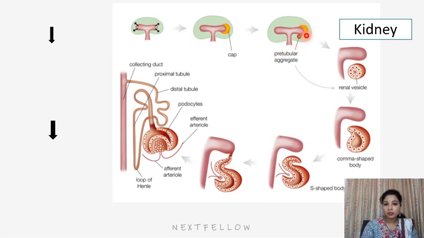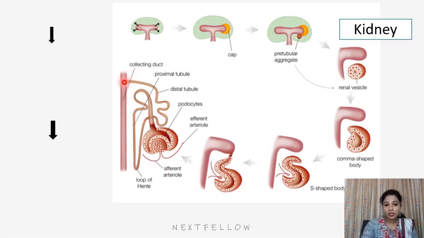This is the metanephric blastema, and this is the ureteric bud, and it forms a renal vesicle, and it turns to form a comma shape, then an S shape, and we can see the nephrons start developing from these renal vesicles, and we can see the blood vessels growing, the afferent and efferent arterioles, which grow into the Bowman's capsule, forming a tuft of blood vessels in the nephrons.